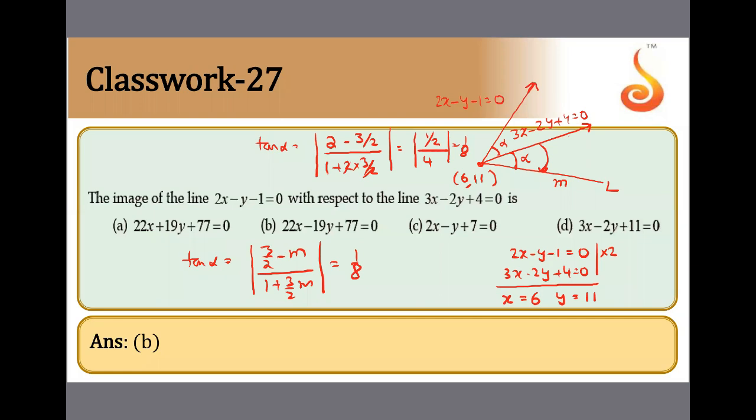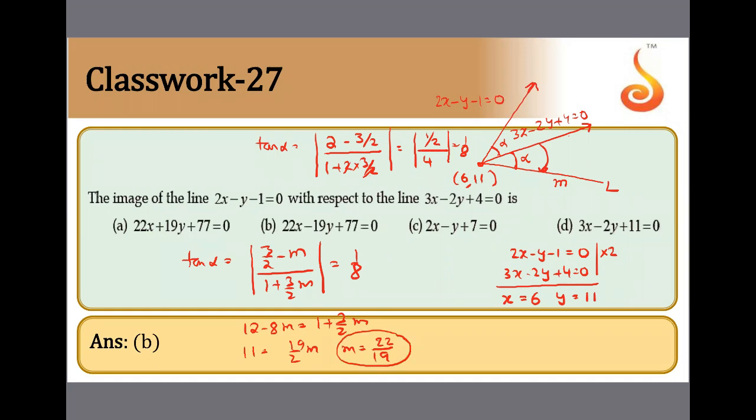Cross multiply, and we take the plus sign first. 8 into 3/2 will give you 12, so 12 minus 8m is equal to 1 plus 3/2 m. So we get 11 is equal to 19/2 m. From this we get m is equal to 22/19. We got the slope.